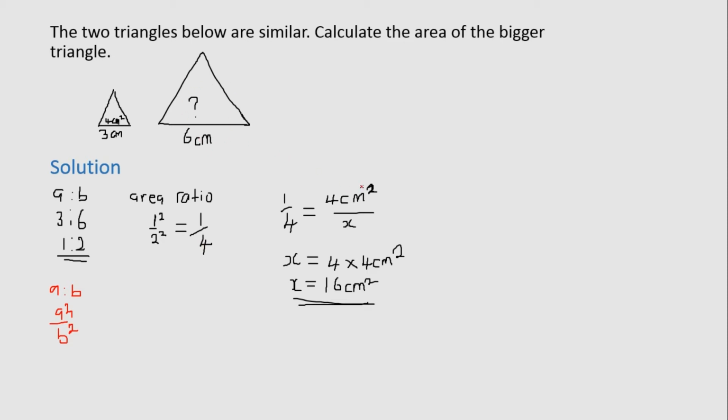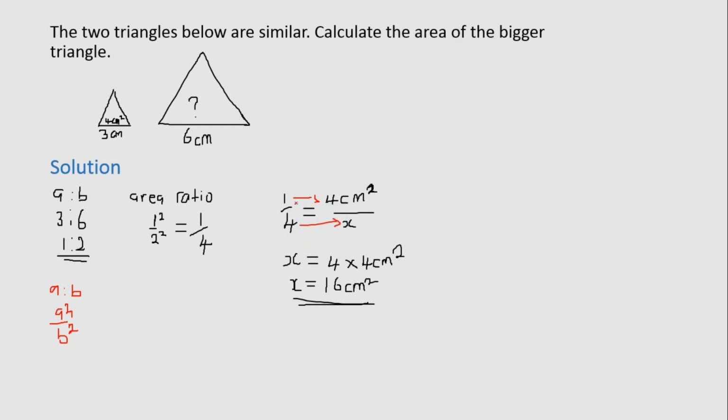This is where we use proportions. 1 over 4 is equal to the smaller area over the bigger area: the 1 corresponds to the smaller triangle's 4, and what corresponds to the 4 for the bigger one we don't know. This is what we want to find.